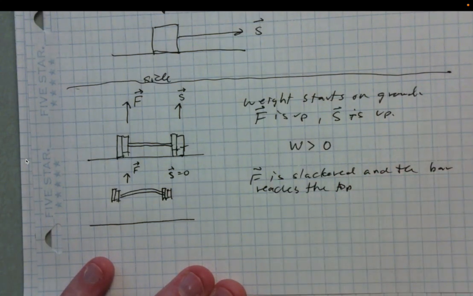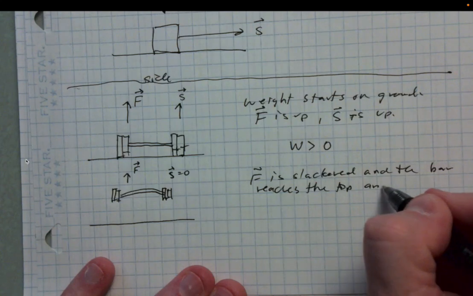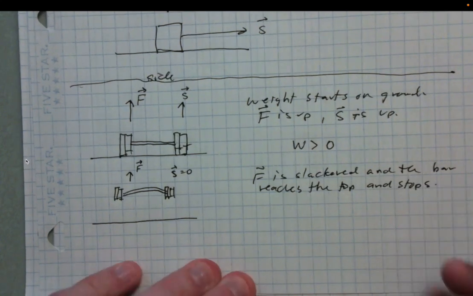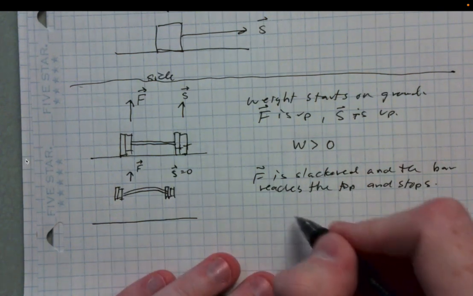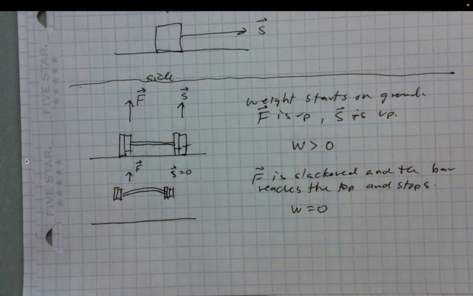And at that point, it stops. So at that very point, at the top of the trajectory, when the bar is no longer moving up, but I'm still exerting a force, then the work is equal to 0. I'm still exerting a force, but the bar just isn't moving.